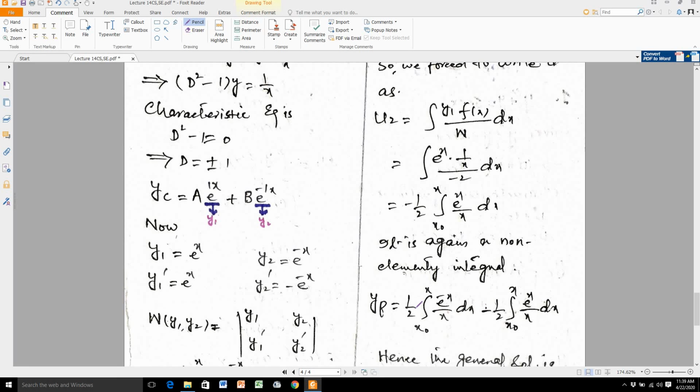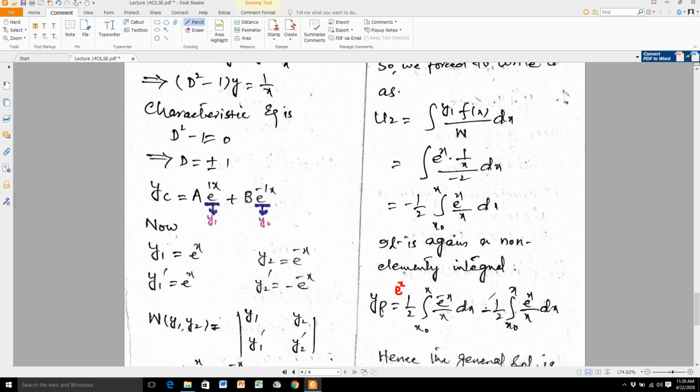one thing, I made a big mistake here: yp is equal to y1 u1 plus y2 u2. Here you write the value of y1. The value of y1 is equal to e raised to the power x. I am writing here e raised to the power x, and then 1 by 2 times the integral from x naught to x of e raised to the power minus x divided by x dx. And then y2, what is the value of y2?